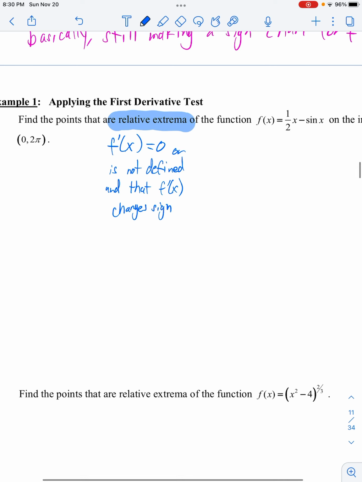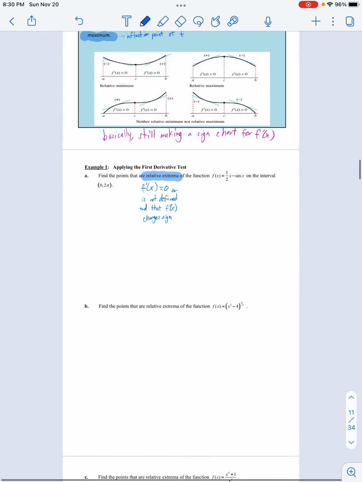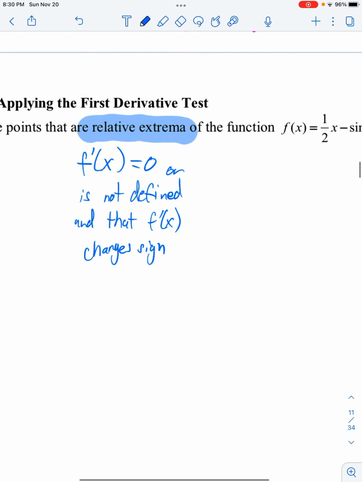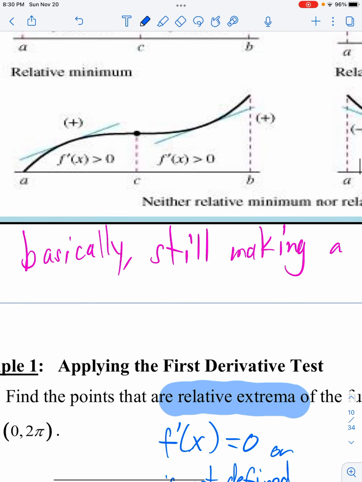So a relative extremum is a critical point, so either f prime of x equals 0 there, or it doesn't exist. That's one option. And additionally, if it doesn't change sign, then we're going to have an inflection point, okay?